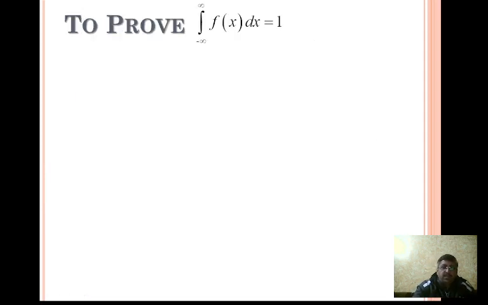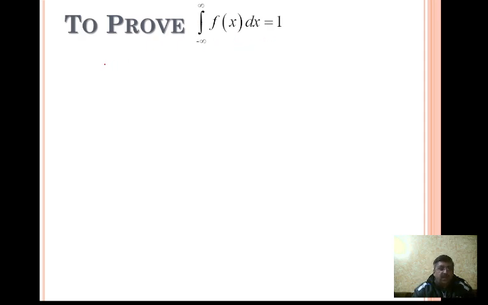So moving to the next one, let me elaborate on why the integral from minus infinity to plus infinity of f of x dx equals 1. Many times we have discussed this, and in the last video I committed to proving this one. So for the students of mathematics, you can see how we can say that the sum of all the probabilities is equal to 1 and why this equals 1.